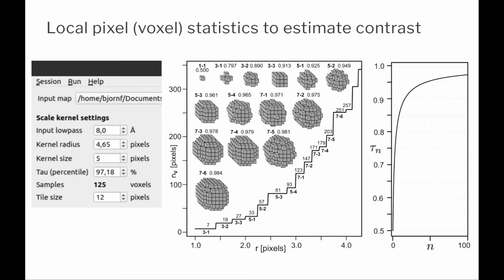So when you open the Occupy GUI, you will have these fundamental input parameters. You'll give it the input map, and then there will be a low-pass filter that you can provide. The kernel parameters will be suggested to you based on that, and if you want to change them, you can. And the tau percentile will be recommended to you. This is something that you can change, but it is recommended to you in a systematic way.